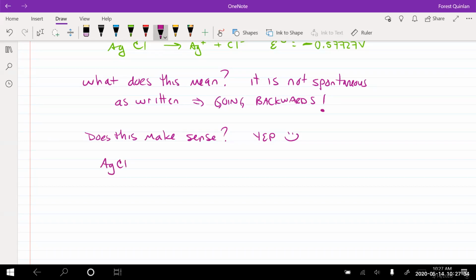AgCl. Is it soluble or insoluble? Soluble. Because it's on the bottom in a pile. We have solubility rules. Remember those old things there. Solubility rules say AgCl is insoluble, right?